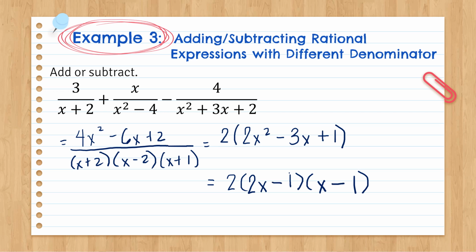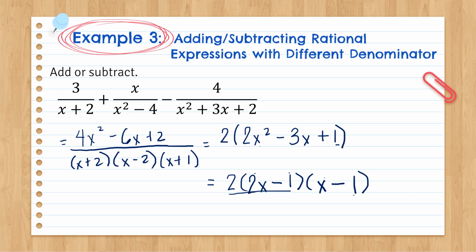Kasi negative 1 times negative 1 will give us positive 1. And then 2x times x is 2x squared. So tama naman yung first and last. Check natin yung middle term. So that is 2x times negative 1, yes, it's negative 2x. And then negative 1 times x is negative x. Negative x plus negative 2x will give us, correct, negative 3x. So, tama ang ating mga factors.